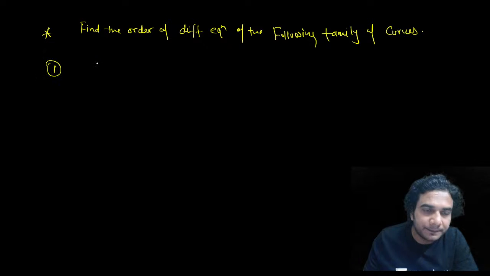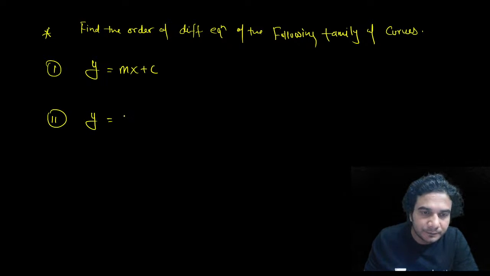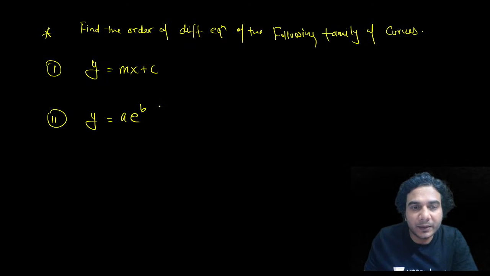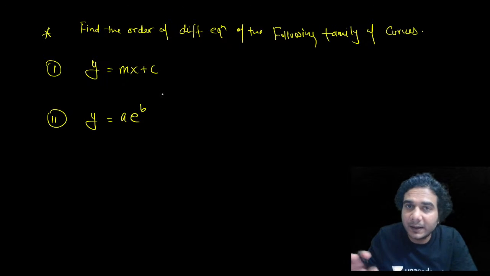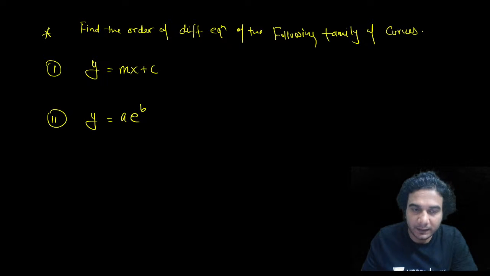The first one, the second one, whatever a, b, c, m, x, y, z. Other than x and y, any letter I use, that is the parameter. I'm just saying this. These are not constants.